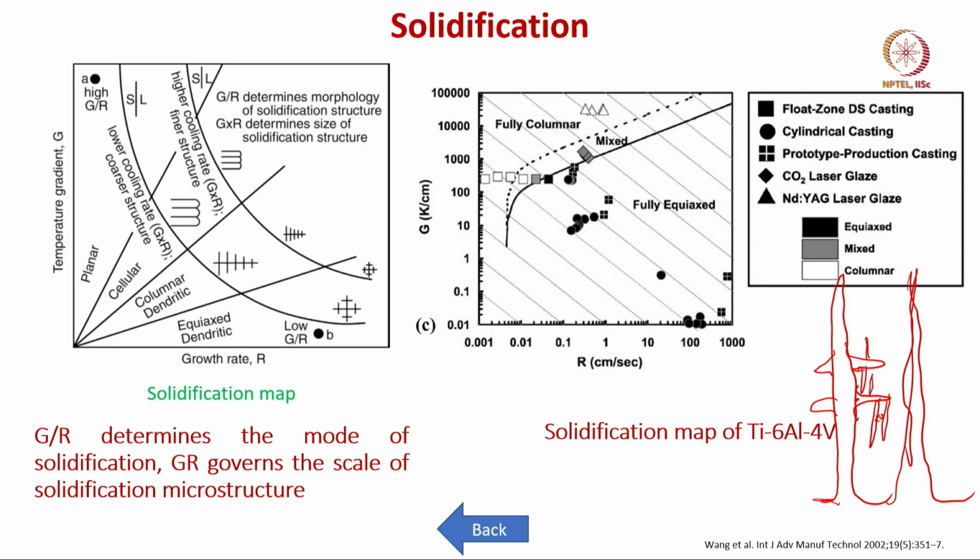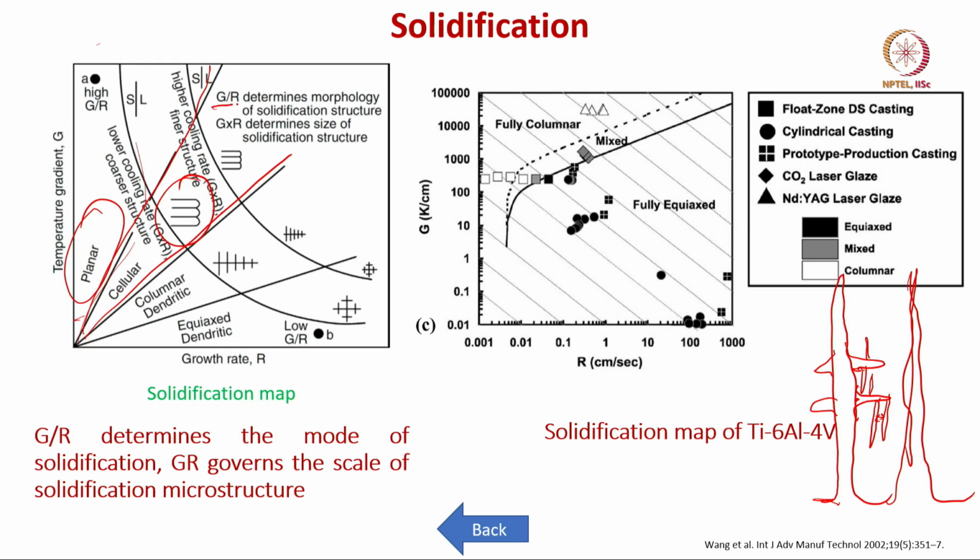What you see here is a planar front, in this particular space, which is the combination of G and R. This is cellular microstructure, and this is the lower cooling rate and higher cooling rate, with finer structure being developed.